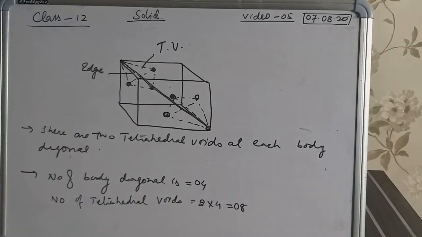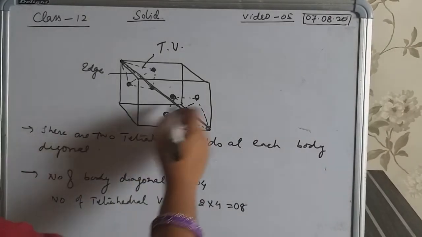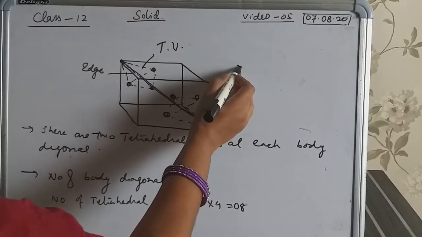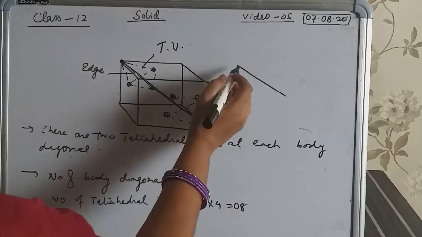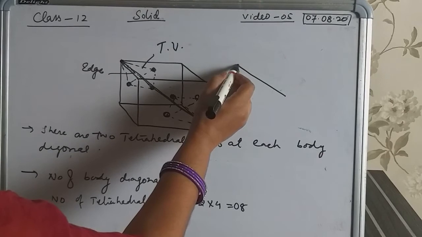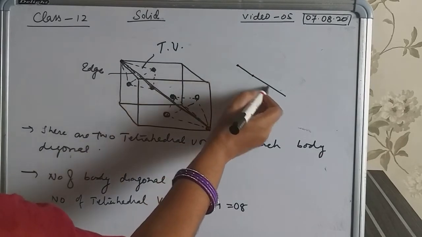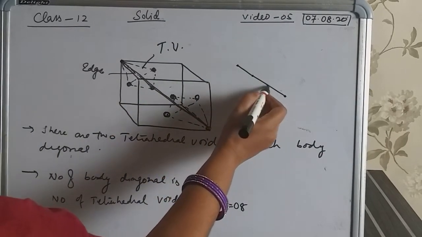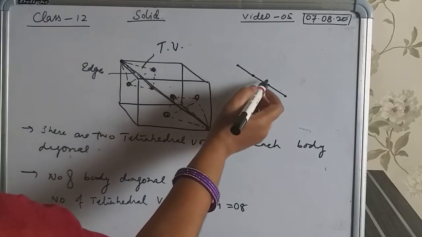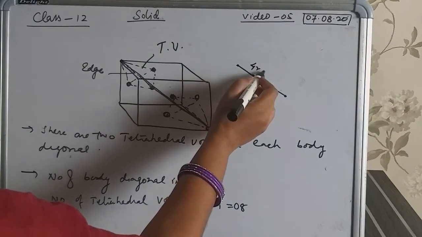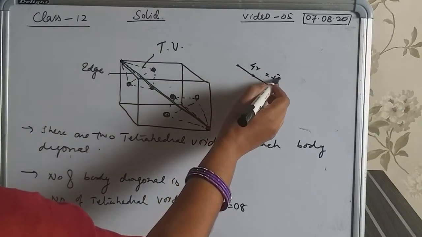In this way you can easily find out. Suppose we consider here it is the body diagonal, and in total how many are present? Total 4 are present. We already read about this.